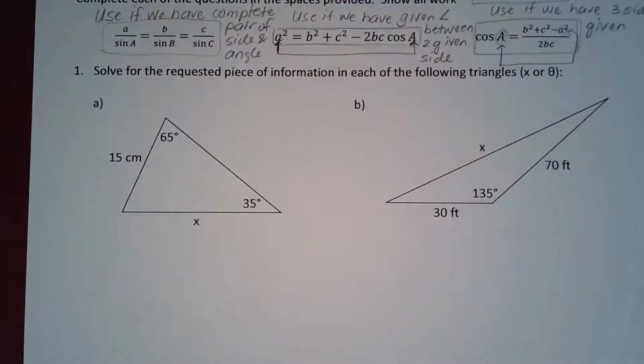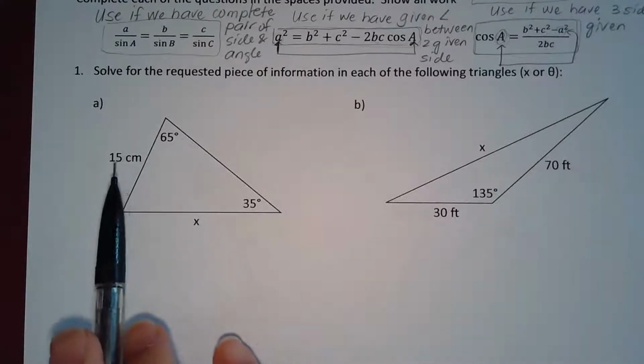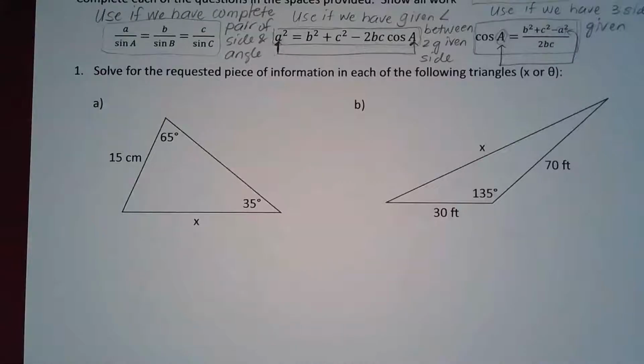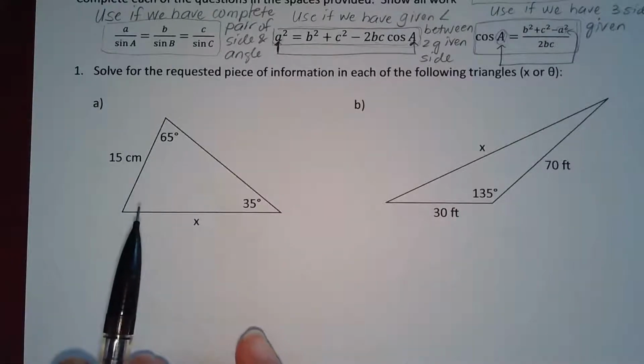Now we've come to this particular question, and you look at this triangle. What is the strategy that I'm going to be using for this one? We can check if there's a complete pairing. Is there a complete pairing of side and angle?